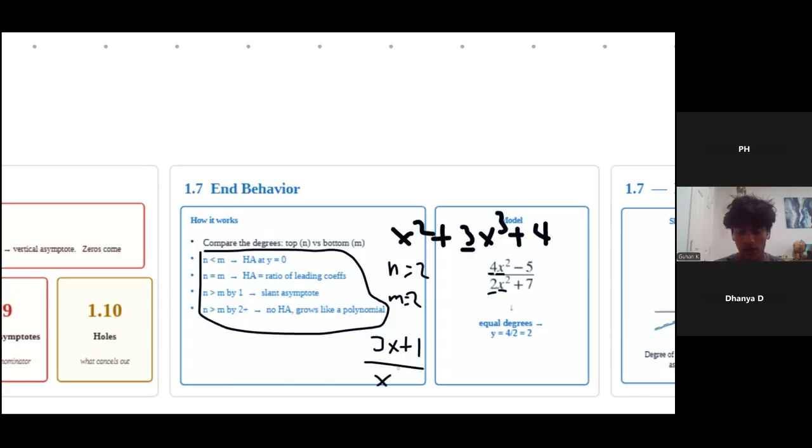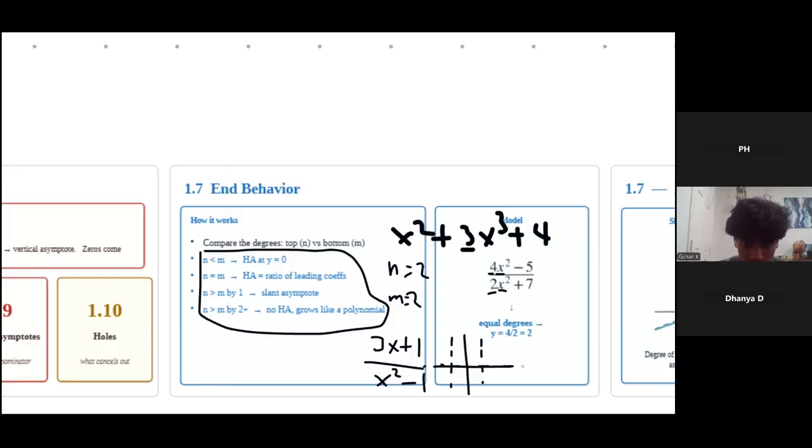Horizontal asymptotes are basically lines that a graph approaches, but never actually touches. On this graph, the horizontal asymptote would be at y equals 0, this dotted line. There would be vertical asymptotes too, but we'll get to that later.